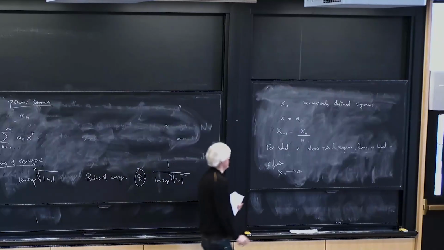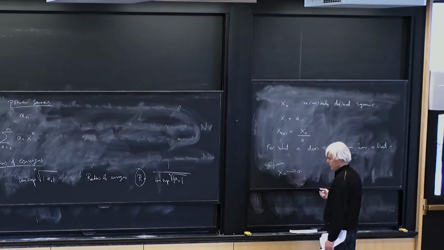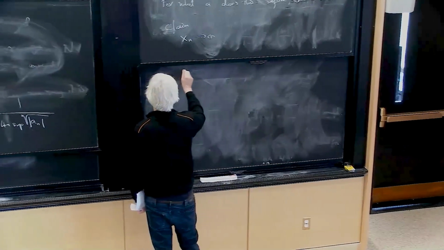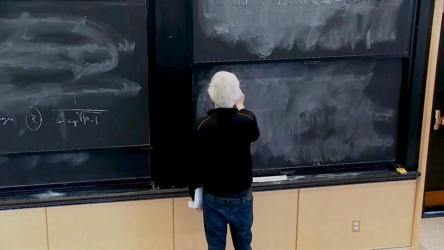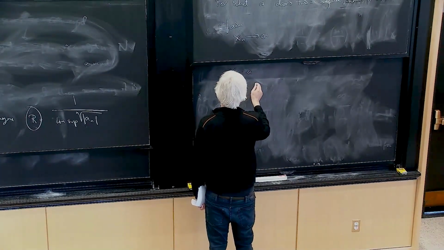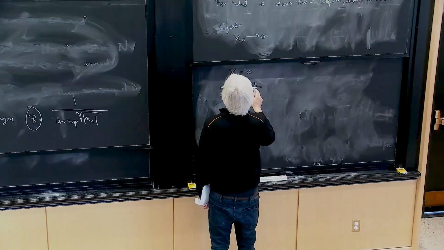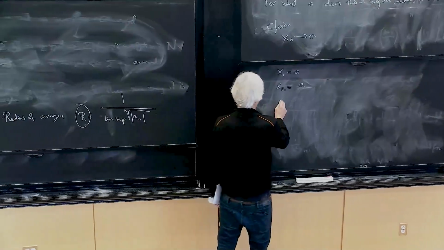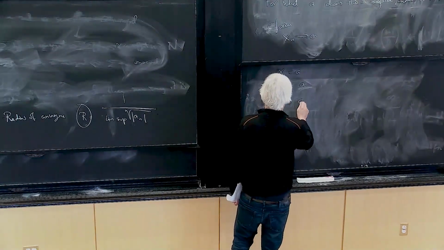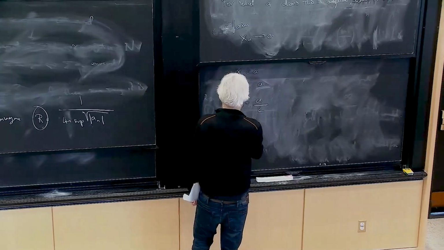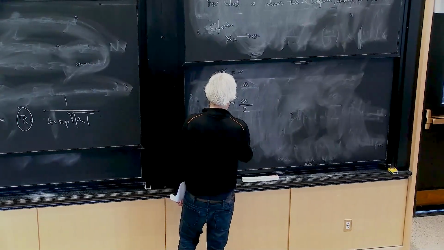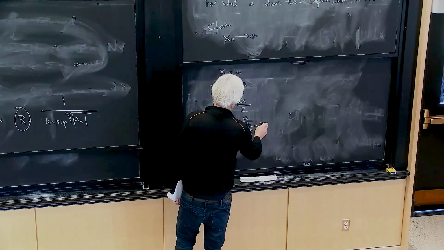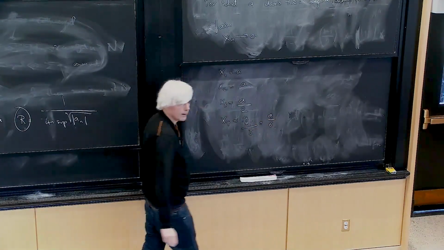When you have something defined recursively, it can often pay to just write out the first few terms. So x_1 is a, x_2 is also a, because it's the previous one over 1. x_3 is now a over 2, x_4 is then a over 2 divided by 3, so this is a over 6, and so on.